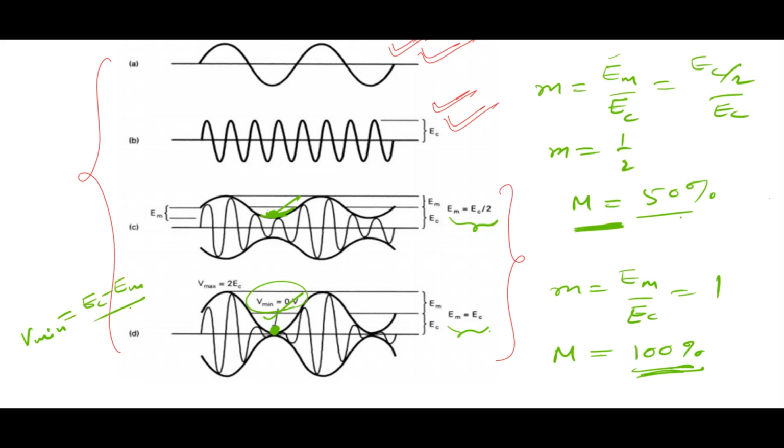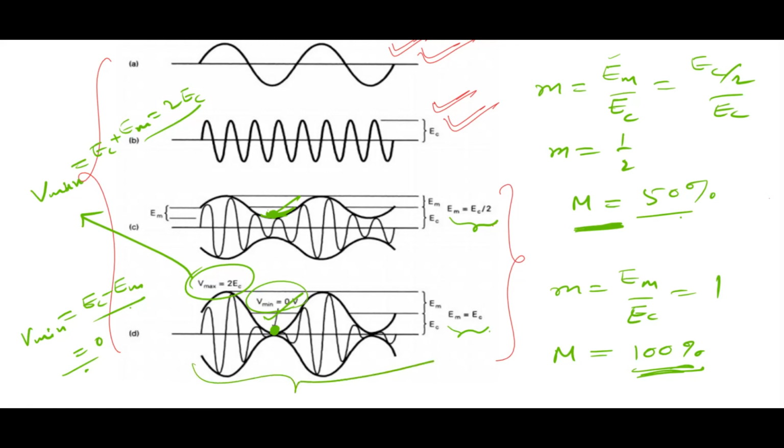When both are equal, this reduces to 0. Likewise, Vmax equals EC plus EM, so this results in twice EC. So the amplitude just doubles for 100% modulation. This case is the maximum percentage modulation that can be imposed without causing excessive distortion.